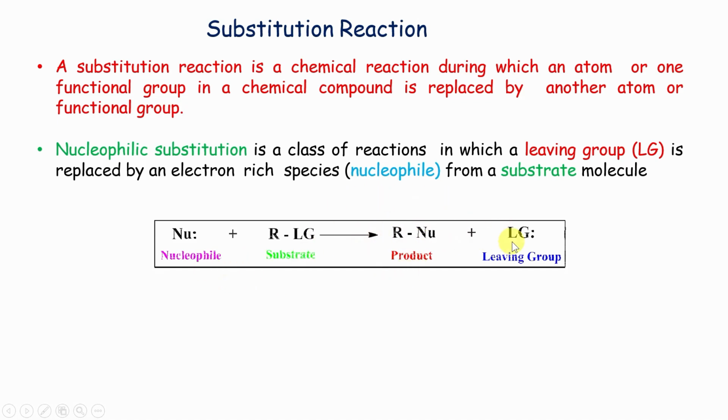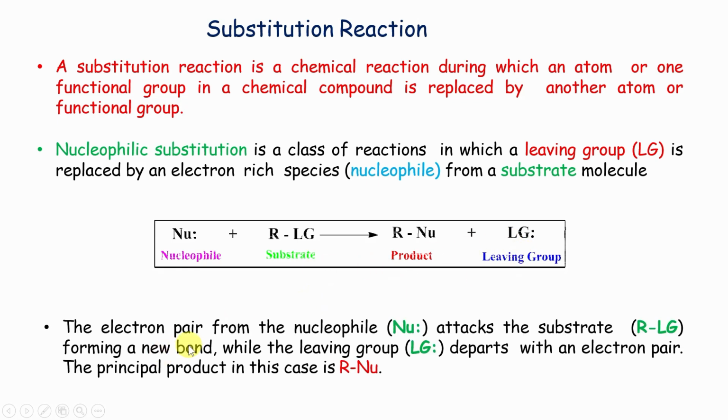The electron pair from the nucleophile attacks the substrate, forming a new bond in the product, while the leaving group departs with an electron pair. That is why the principal product here is RNu.